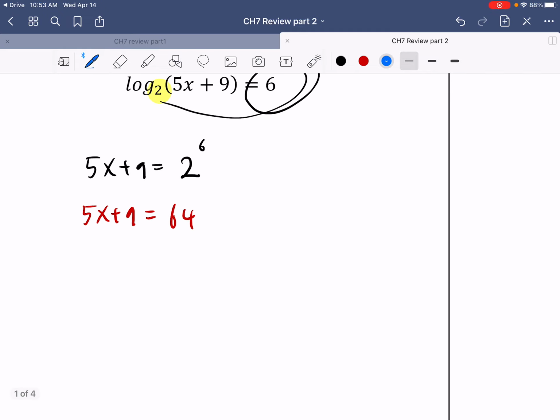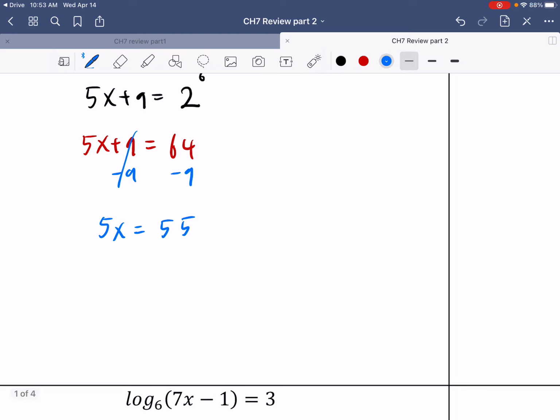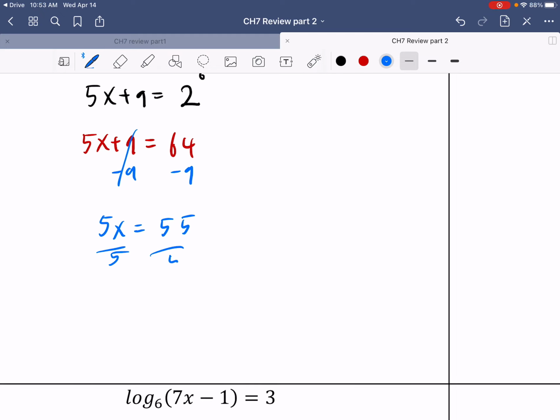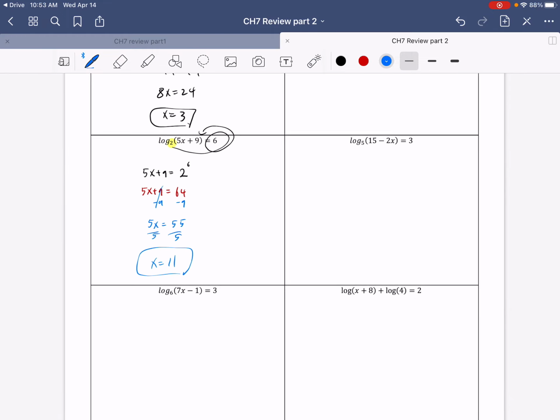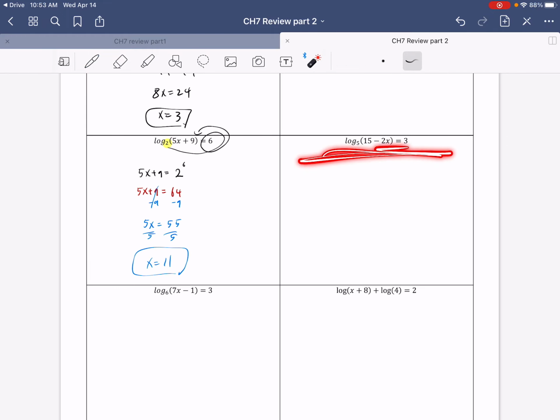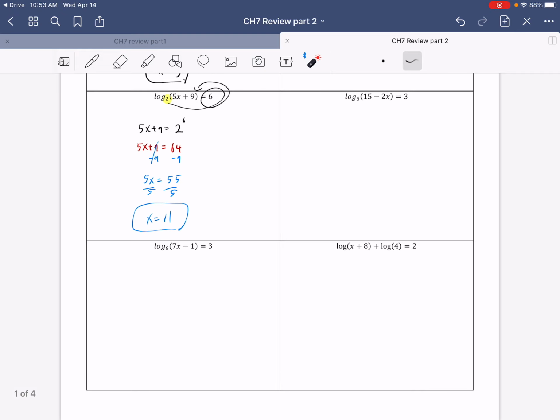And what you have to do is just subtract 9 both sides. You will get 5x equals what? 55. And if you divide by 5 both sides, you'll get x equals 11. So it should not be a problem for you to solve this one, okay? And yeah, try this one.